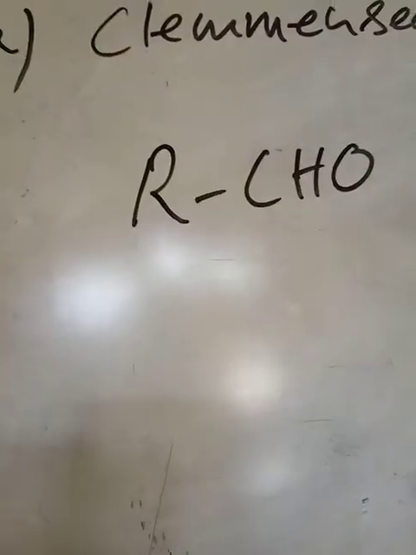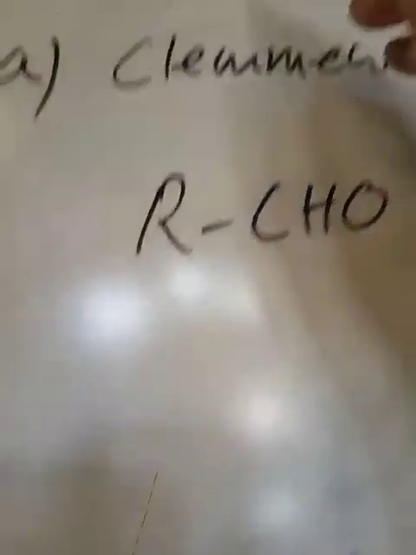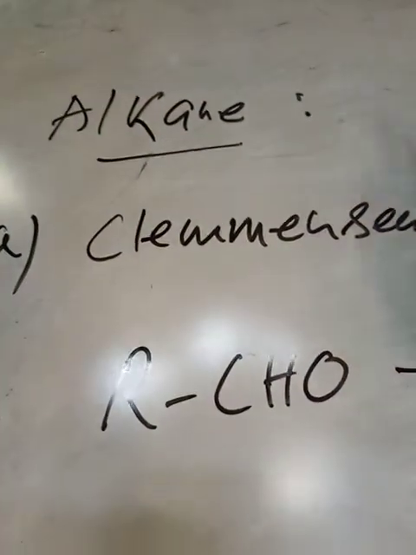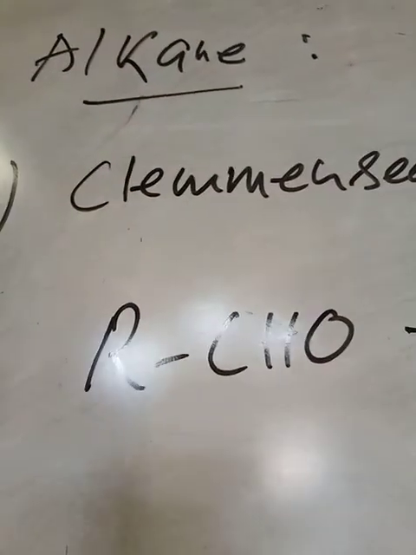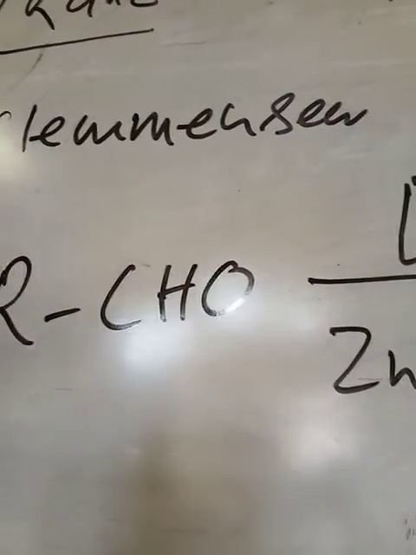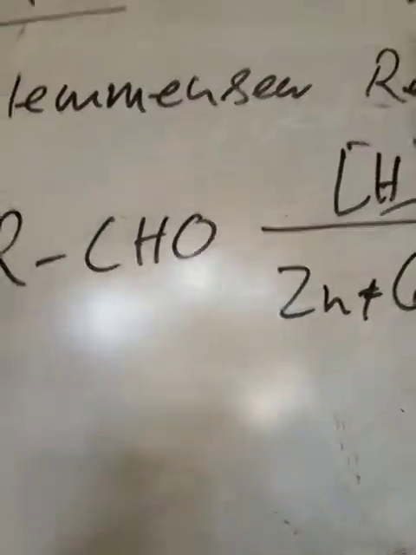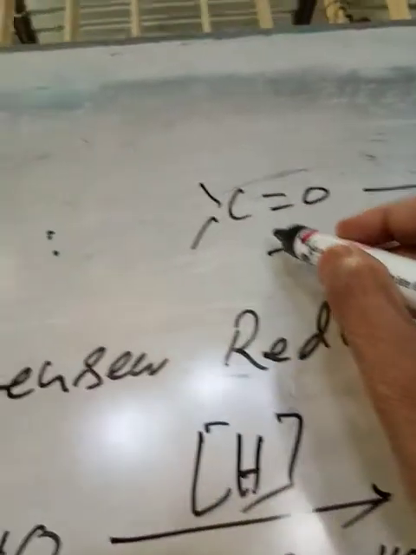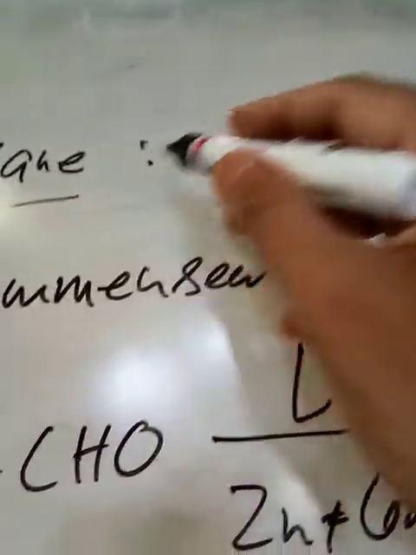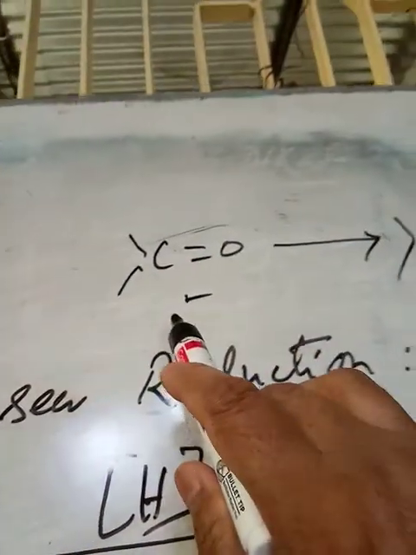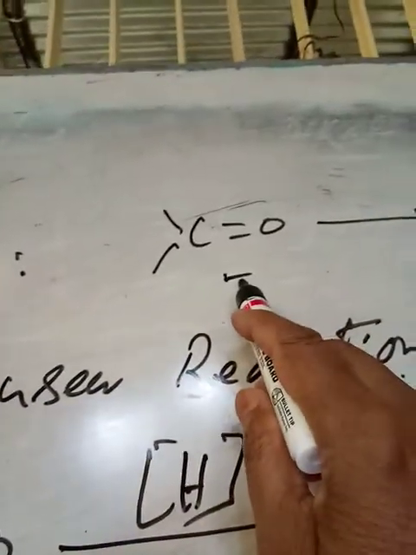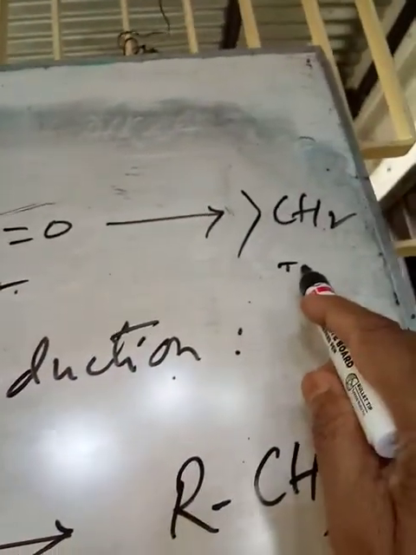In these reactions, the carbonyl groups will be reduced to a CH2 group, the methylene group. This is the methylene group, and this is the carbonyl group.